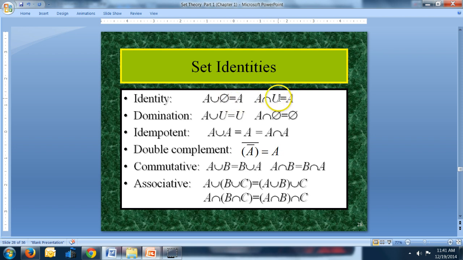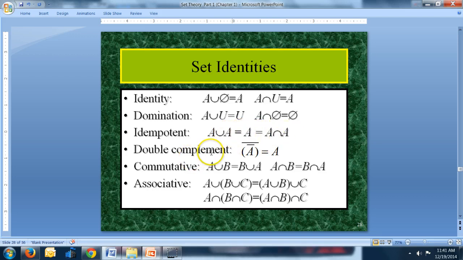But the intersection of A with the universal set, since A is part of U, will be equal to A. Now the domination: A union U is equal to U. A intersection with phi is equal to phi. Remember, there are no common elements between phi and A, so it is still the empty set, phi. A union A is equal to A, and A intersection A is equal to A.